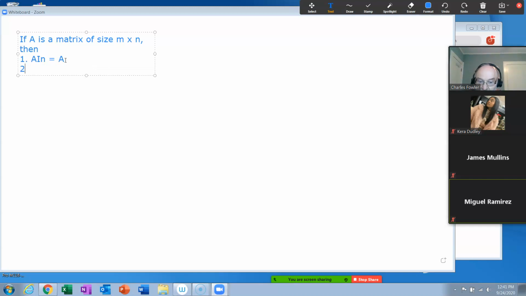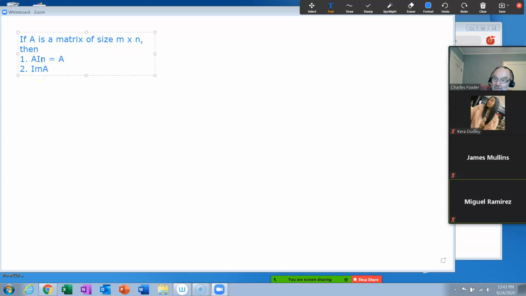Number 2, it looks a lot like it, but slightly different now. I, but this time it has to be size M, times A. Why is that? Because now the number of columns of I has to equal number of rows of A, which is M. So this is a different I from this one.